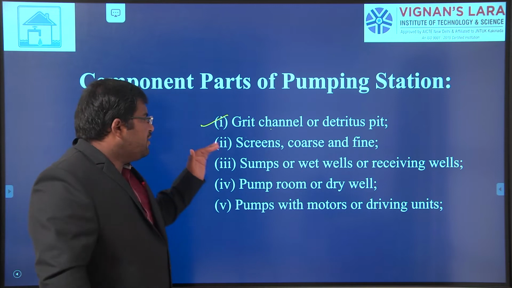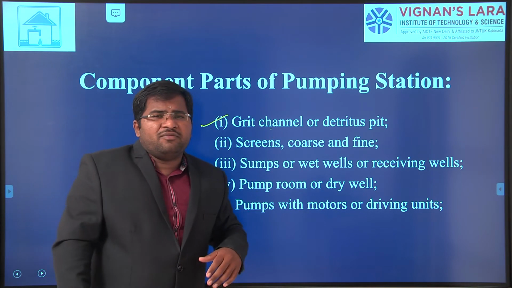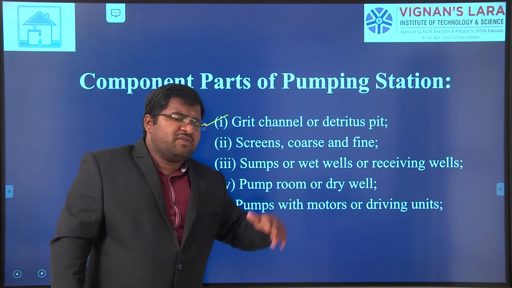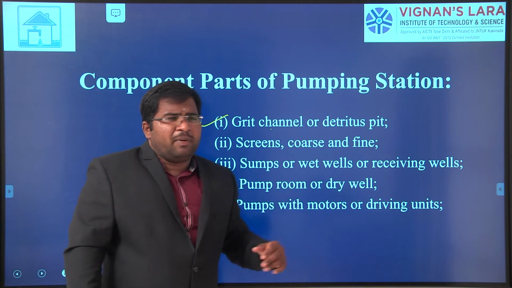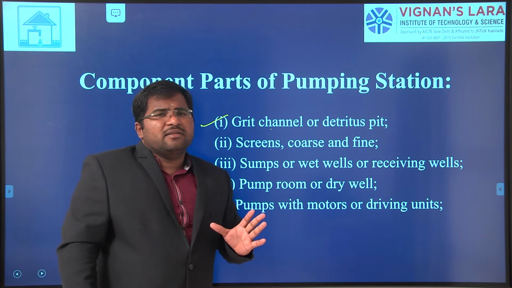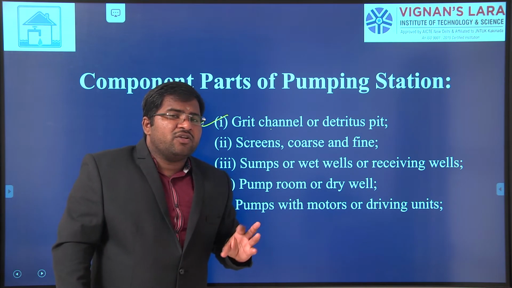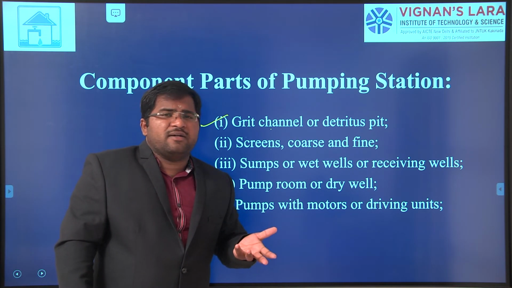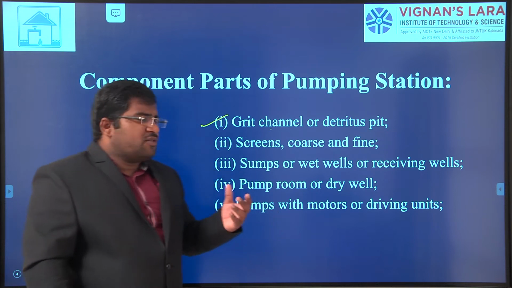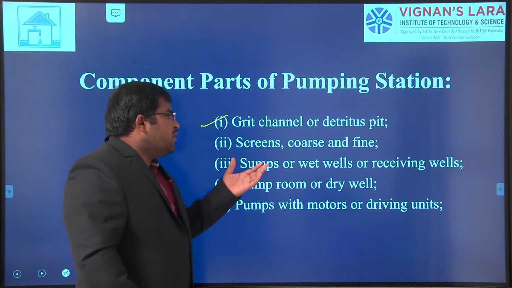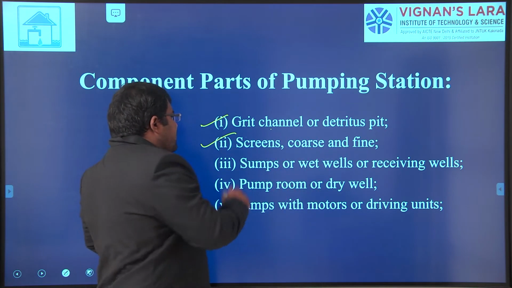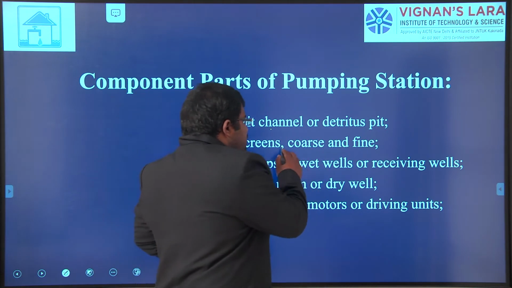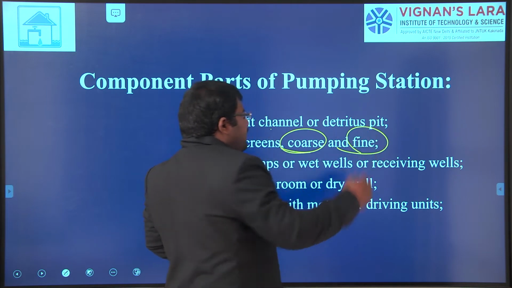Anything will float on the top surface of the sewage. If you send the same sewage into the pump, it is going to choke, it is going to block, right? That should not happen to the pumps. That's why we need to remove all floatings with the help of screens. That has to remove both coarse material as well as fine material.